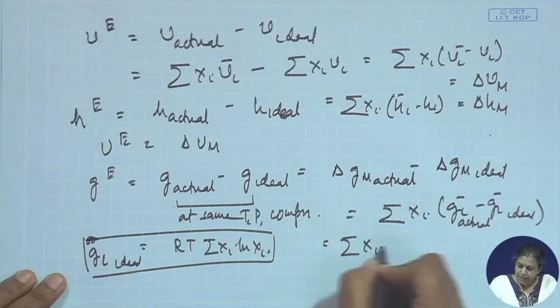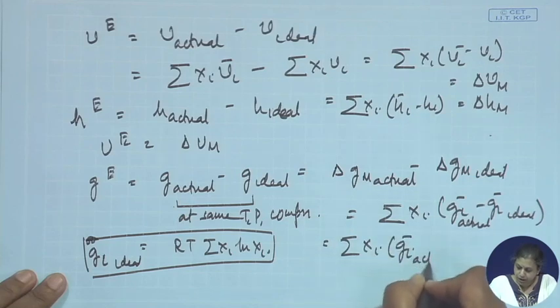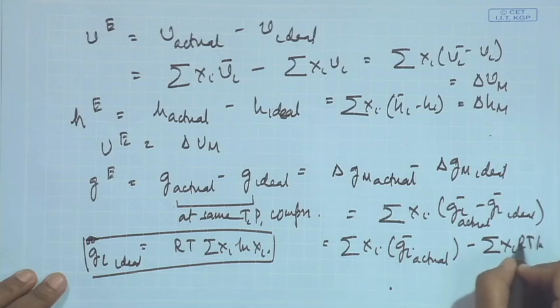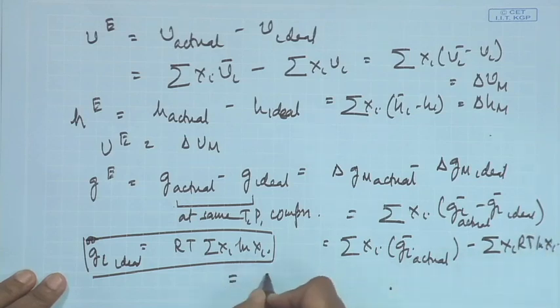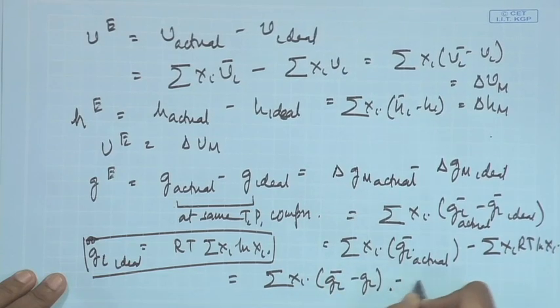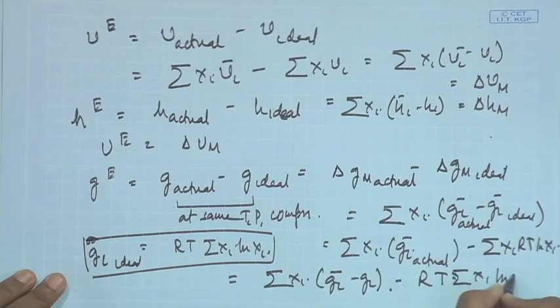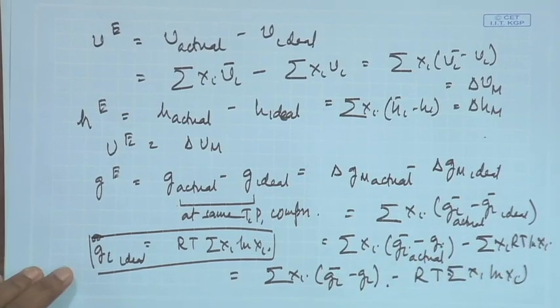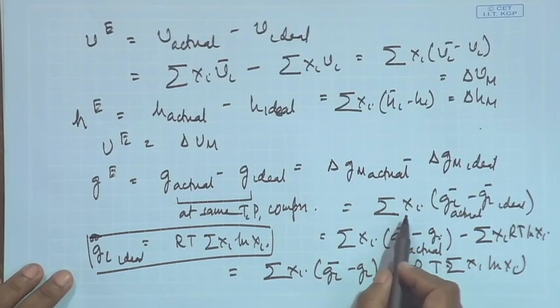This should become xi gi bar actual minus sigma xi RT ln xi. So, we can define this as sigma xi (gi bar minus gi) minus RT sigma xi ln xi. I am sorry, this should have been gi bar actual minus gi. Agreed? Okay.